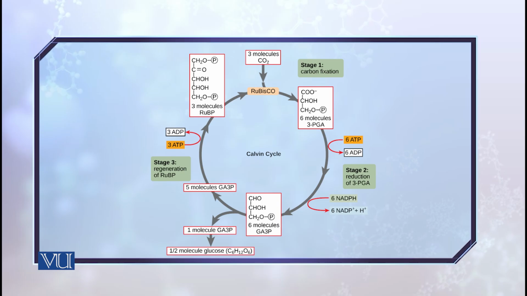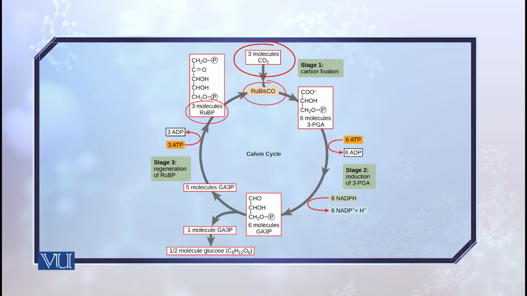So this is the carbon dioxide molecule which combines with the ribulose bisphosphate compound. And this is the enzyme which is involved in combining the carbon dioxide with ribulose bisphosphate, and you eventually get 3-PGA, that is phosphoglycerate.